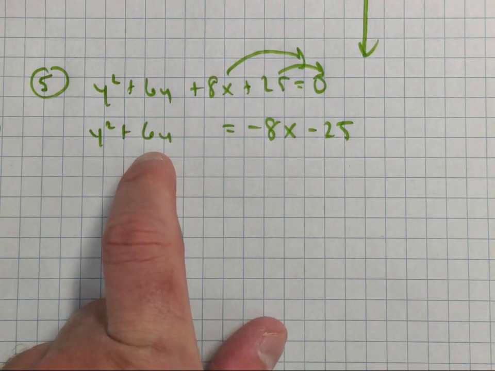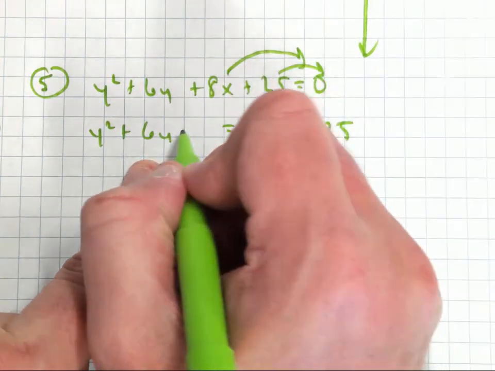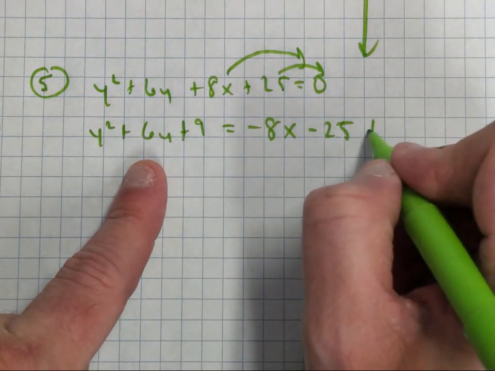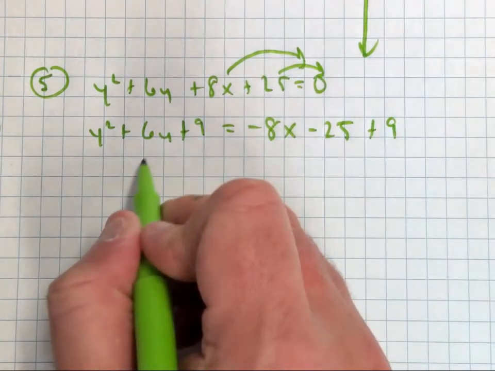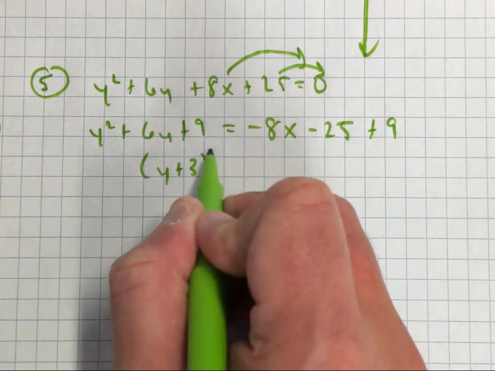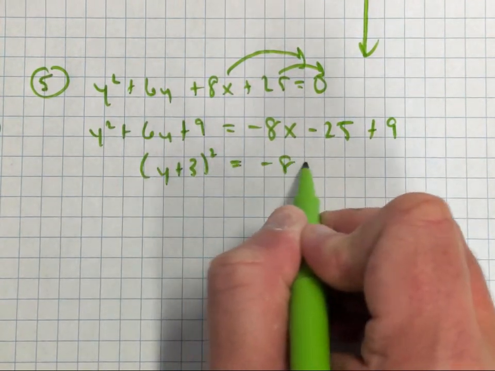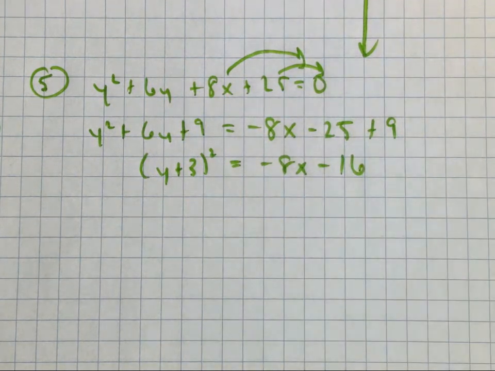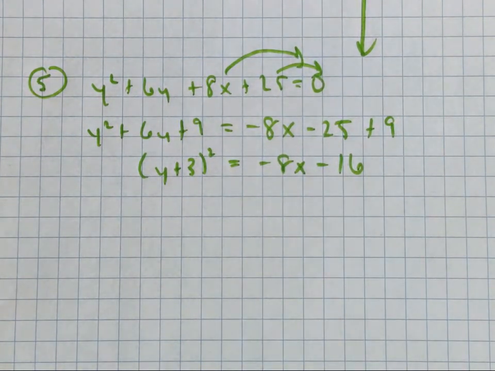Let's take half of 6. What's half of 6? 3 squared is? If I add 9 there, I need to do what on the other side? Now that's going to be (y plus 3) squared equals -8x minus 16. Do you think we need to make a parentheses over here?